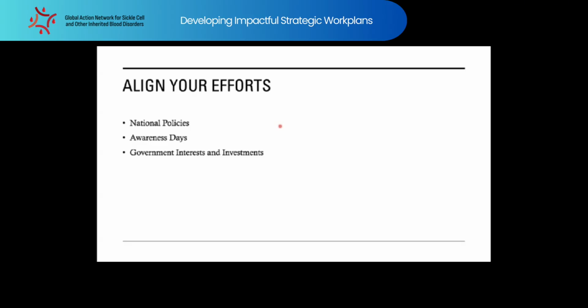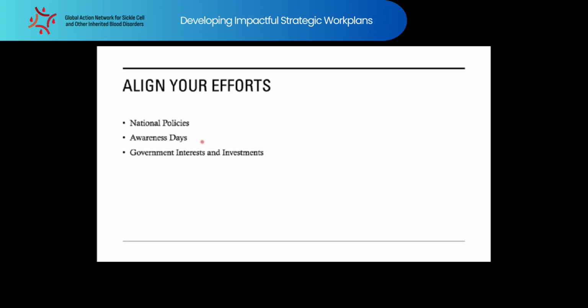Again, as you're thinking about your work plans, and this is, again, broader, probably part of the analyses, you definitely want to make sure you're aligning with national policies, strategic plans, priorities. Even if your government may not have as much focus on this area, it's really helpful to make sure you're aligning with what stakeholders are asking for or say are important.